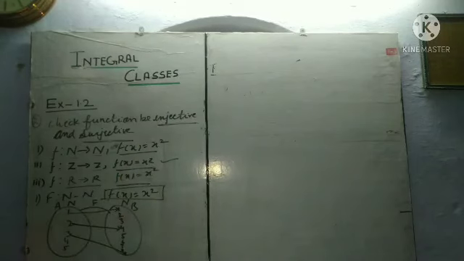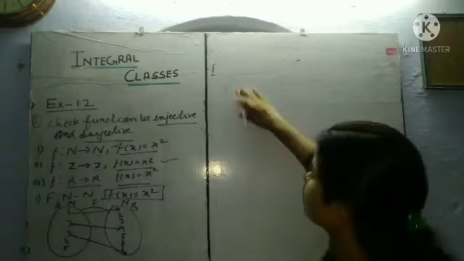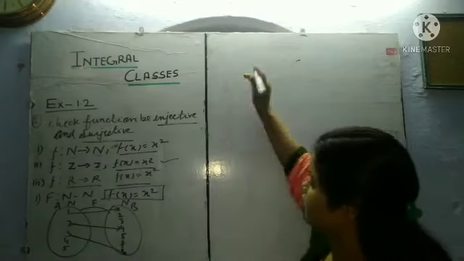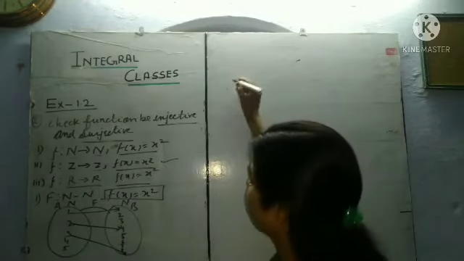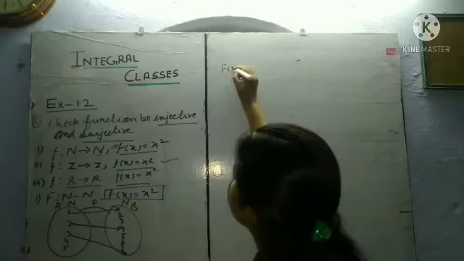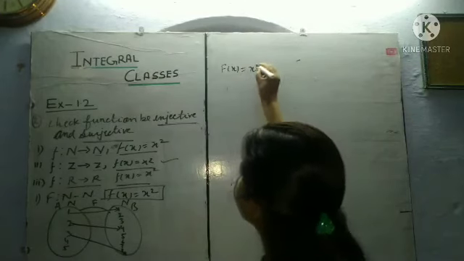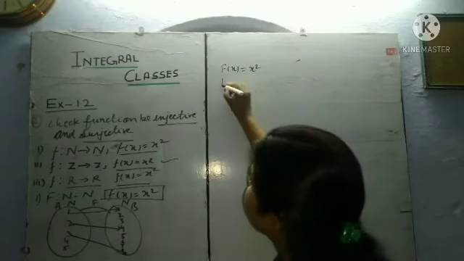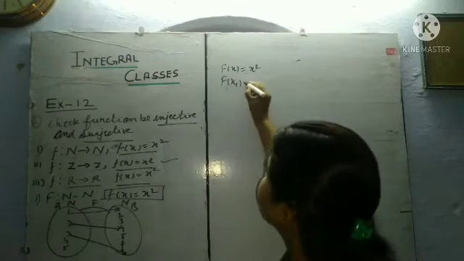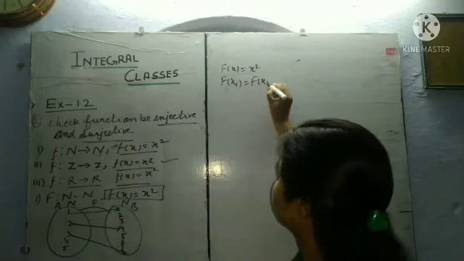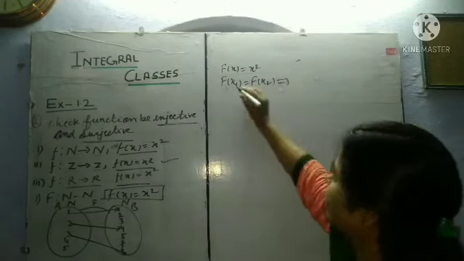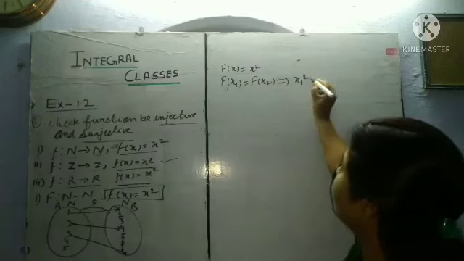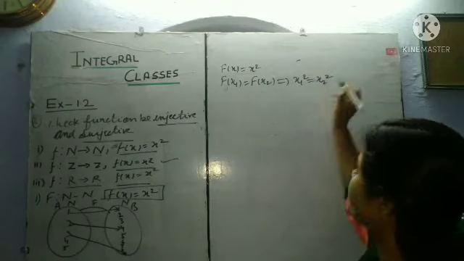Now we will write this in algebraic form. f(x) equal to x square. So for an injective function, f(x1) equal to f(x2) implies that x1 square equal to x2 square.